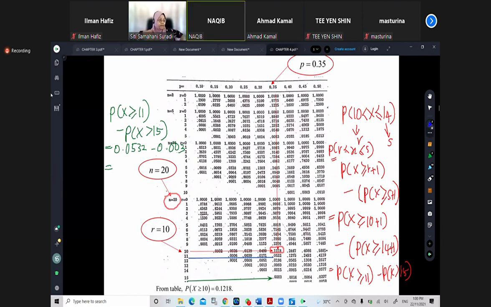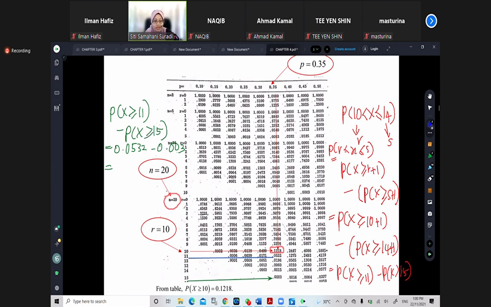0.0529. 0.0529. Alright, correct. So this is the way to determine it. It's very simple if you remember the concept. All the values in the table indicate more than.